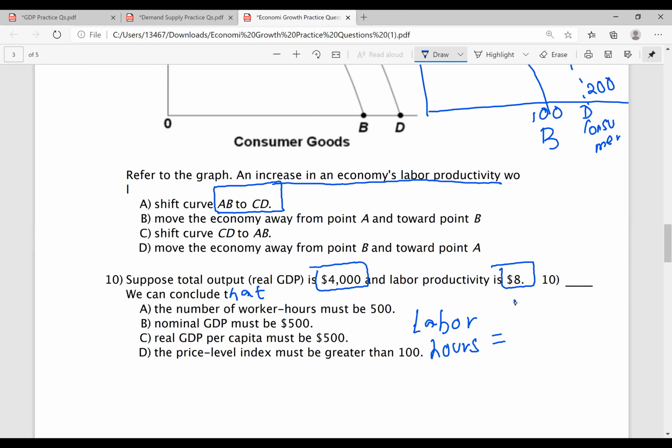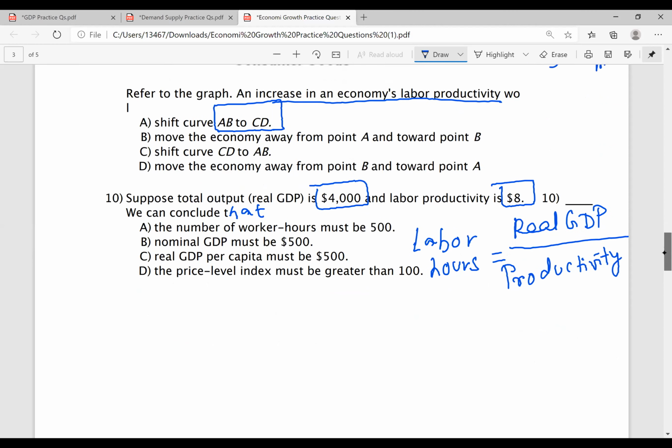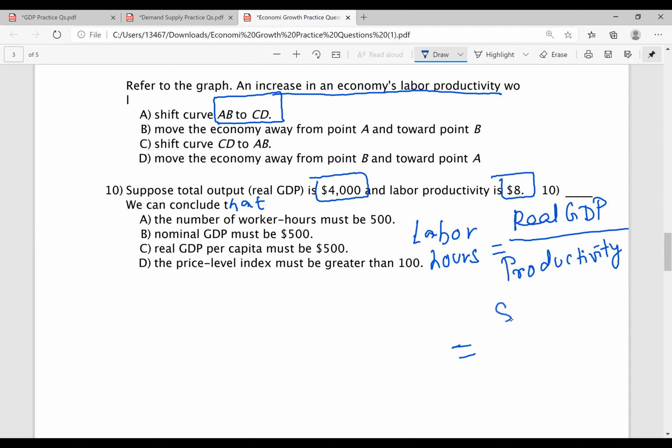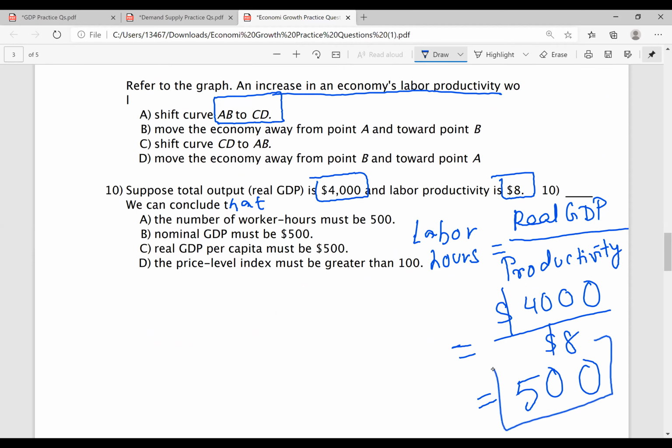Labor hours is defined as the real GDP over the labor productivity. So this one is 4,000 over 8. That means 500. This question is pretty much straightforward.